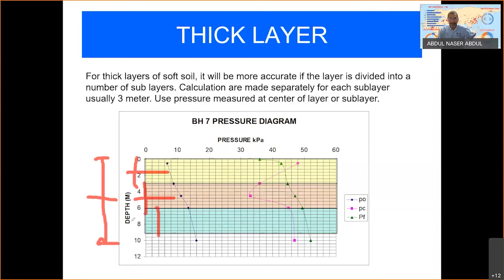So we use the value from the center of the layer in our calculation. That means if our layers are thinner, you will have more calculation and more information. That's why we expect it to be more accurate. In this case, we divide into 3 sub layers to do the calculation.